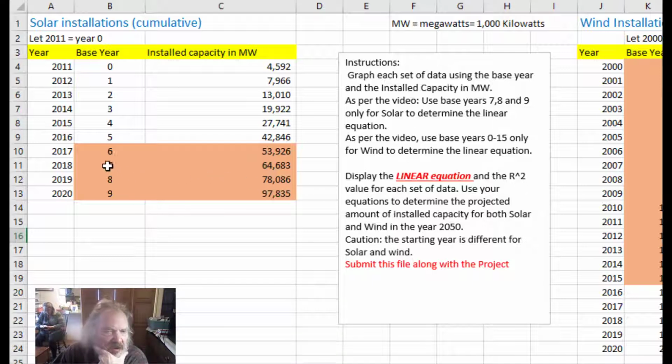The way you're going to model solar is to just use the last 4 years, 2017, 18, 19, and 20, because there's more solar being installed here, which seems to reflect more of what's going on than if you use the entire set of data. So you'll highlight these 4 years, create a graph, and display a linear equation. And then use that linear equation to answer the questions about solar.